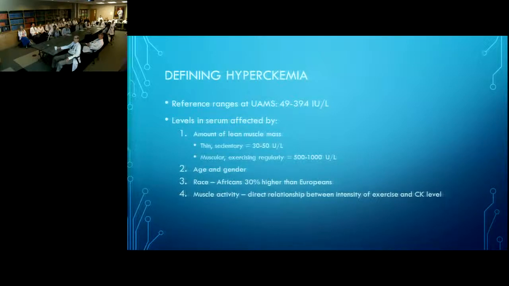In most clinical settings, the normal levels are portrayed as the reference range provided by the laboratory. And in our institution, this range is 149 to 394 units per liter.